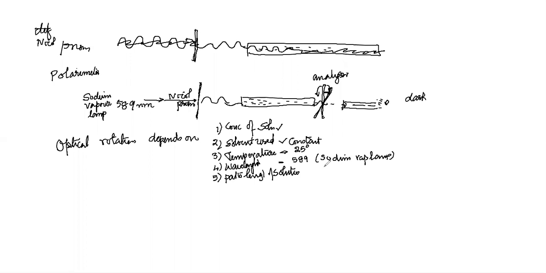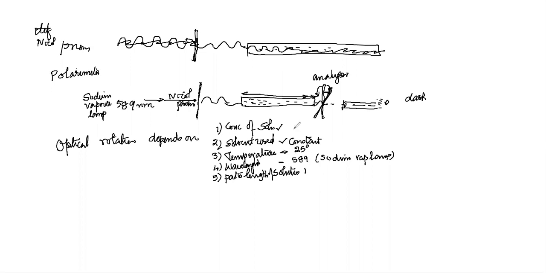So that also is constant. The last one is called path length. What is meant by path length? This distance is called path length, the distance from one end to the other of the polarimeter tube.